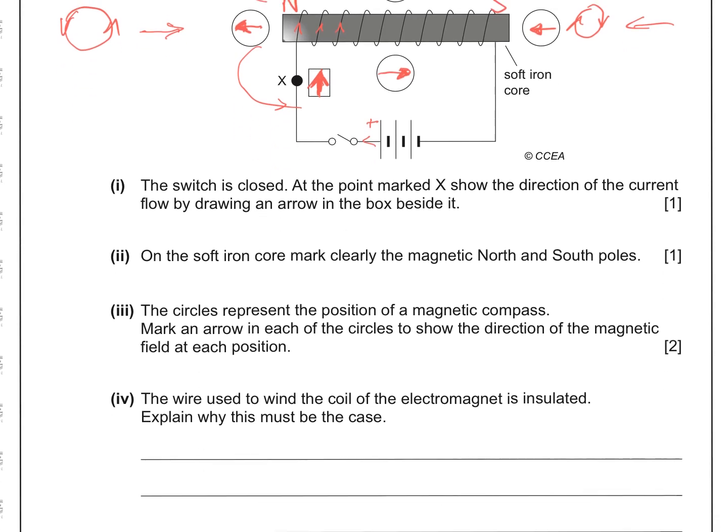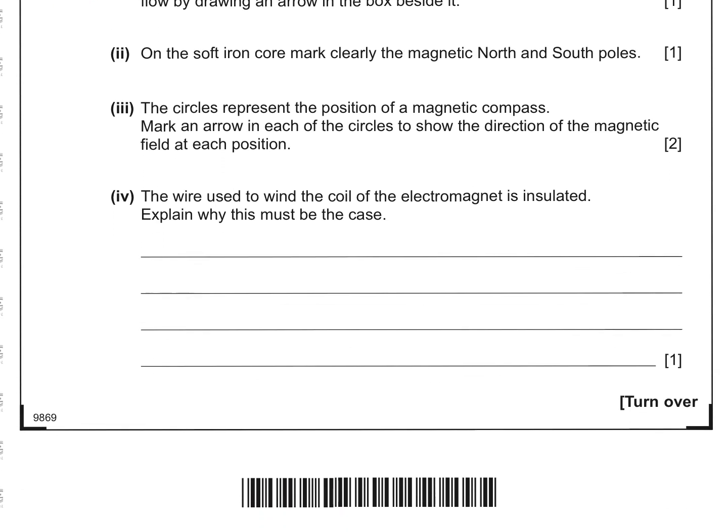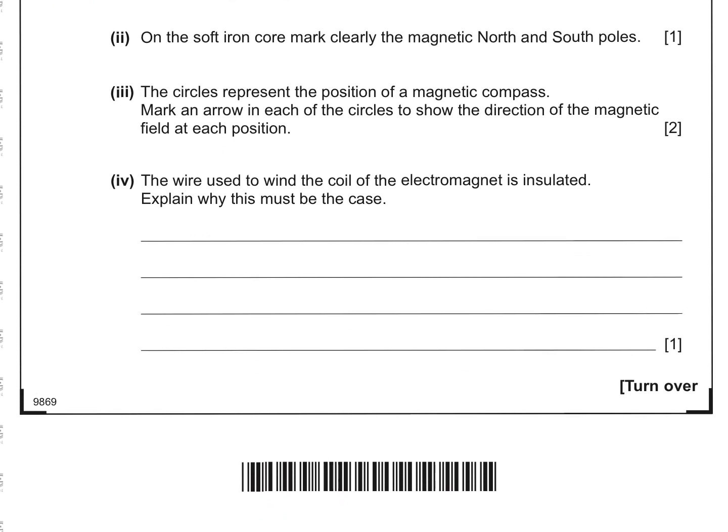Part 4. The wire used to wind the coil of the electromagnet is insulated. Explain why this must be the case. And so the idea here is that you want the current to flow within the loops that you've made, not across through them. You don't want the current leaking through and not making loops around the core.